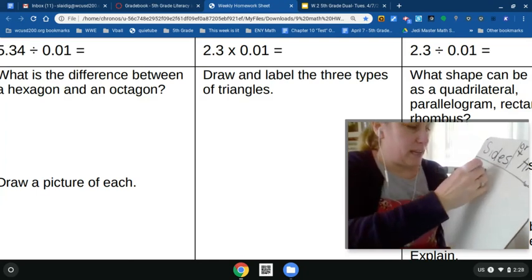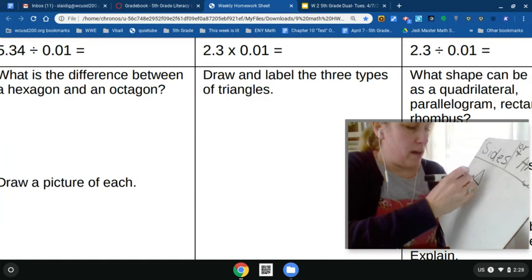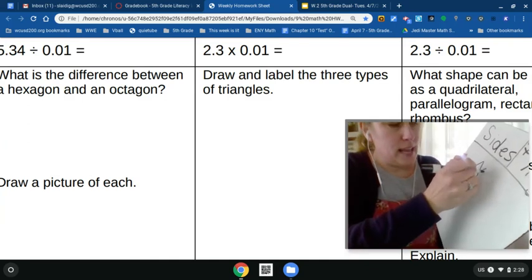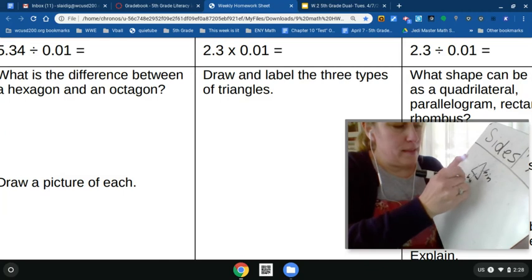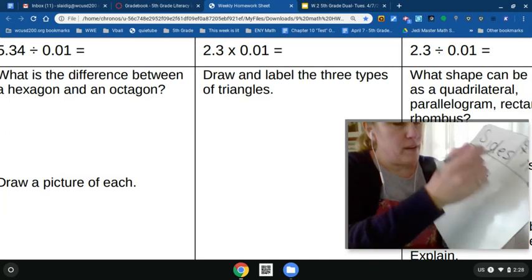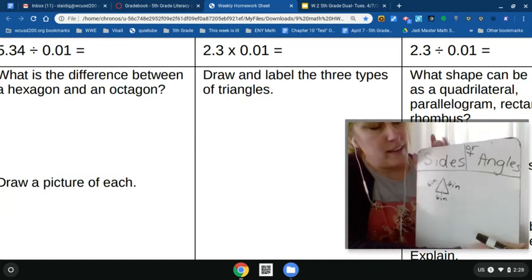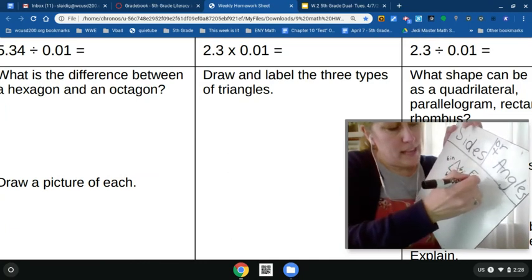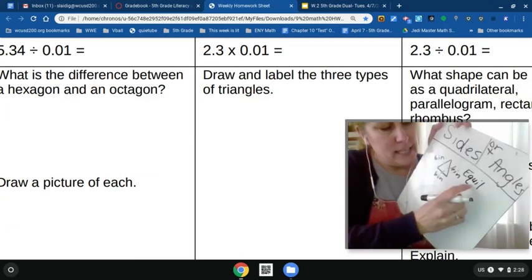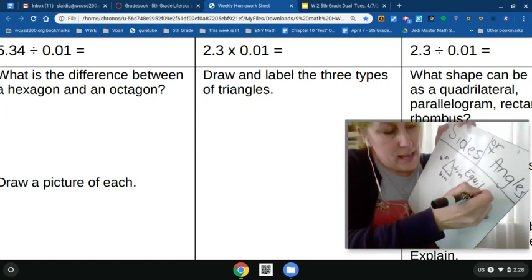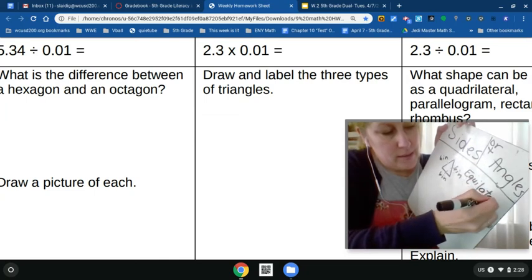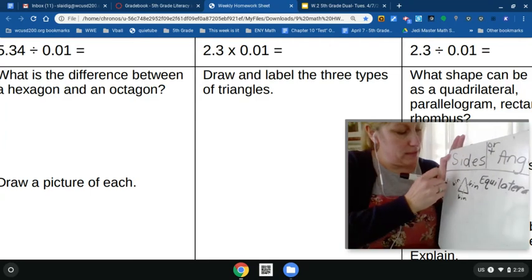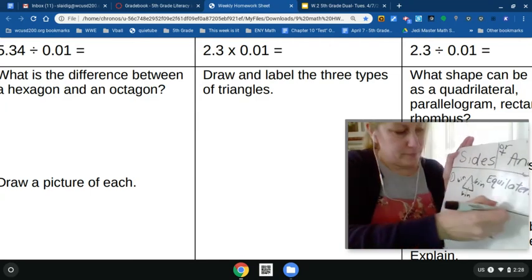So if you said all three sides are 6 inches, let's say, I just made that up, that is a type of triangle called an equilateral triangle. Equilateral, all the sides are the same. Okay, so that's one way to name a triangle.